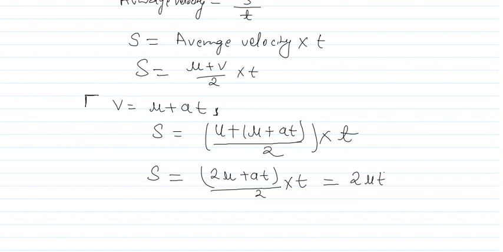So we just multiplied this term with t. So t into 2u will be 2ut, plus t into at is at square, upon this 2.